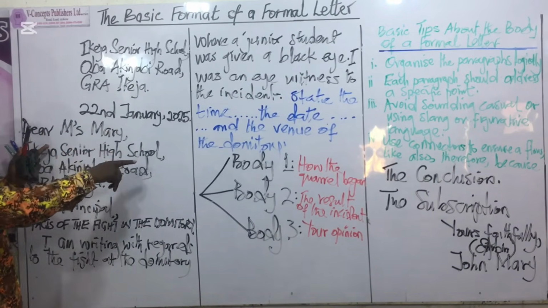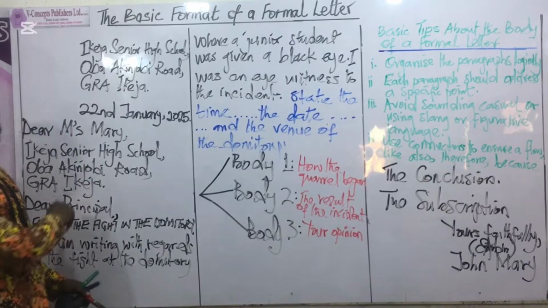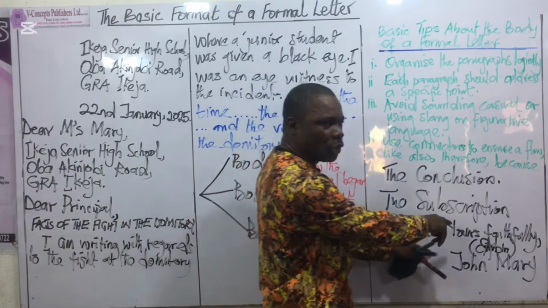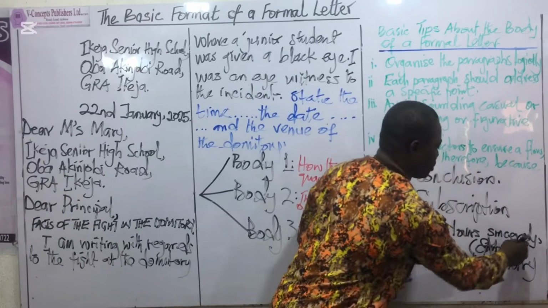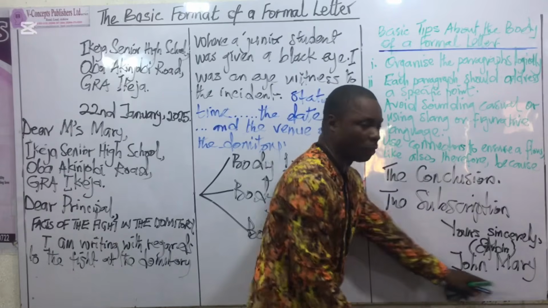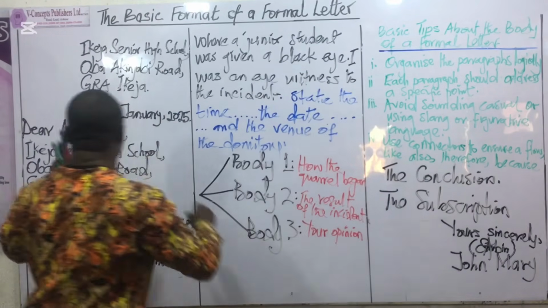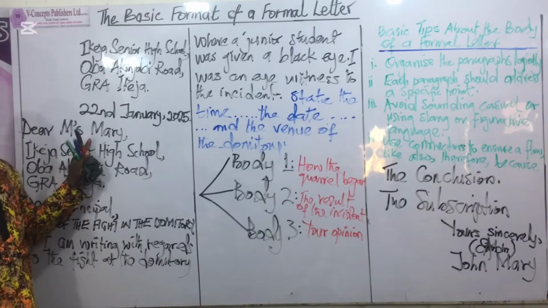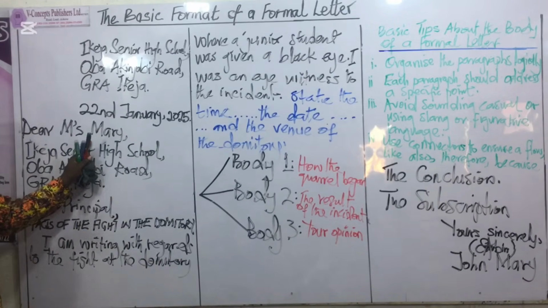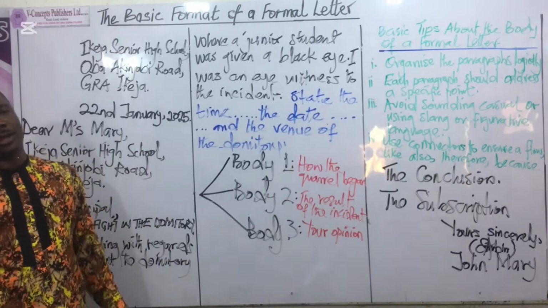So if you write the salutation like this, it will affect the subscription. The subscription will change to Yours sincerely, signature, John Mary. What led to the change is because you got the name of the receiver and used it in the salutation, so the closing is Yours sincerely. This is acceptable in WAEC.